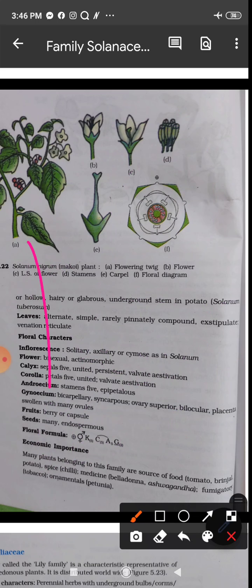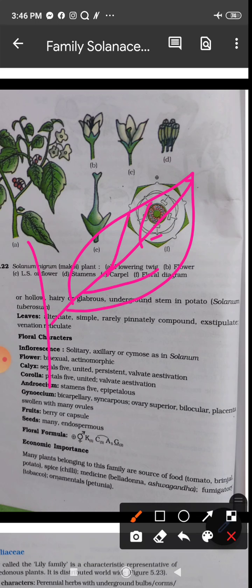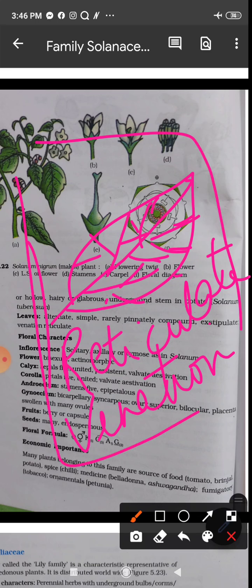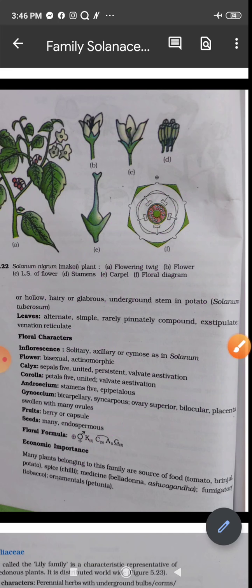You've already studied. If I draw a leaf with a net-like venation midrib, these are the veins, right, which further you can say divide and form a network, right? So this network is reticulate, means net-like. Reticulate venation. That means all the leaves that belong to this family show reticulate venation. That means all are taproot also then.